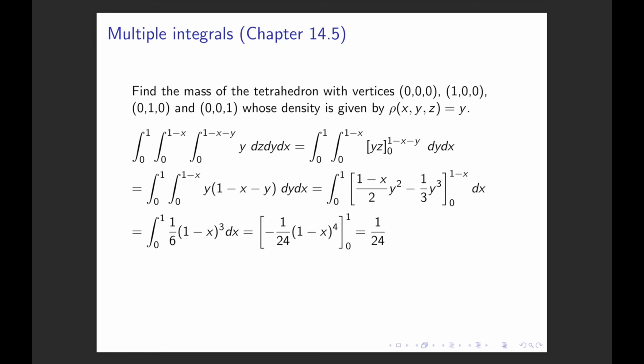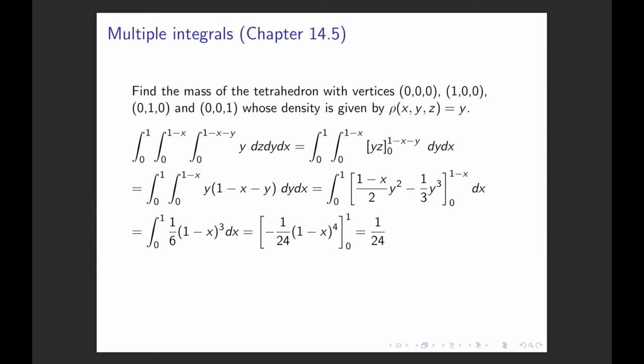The first one is z, so y is a constant in this case, and the antiderivative of y, if the variable is z, is yz. That's the first step. Plugging in the two boundaries of the red lines, which were 0 and 1 minus x minus y, we get the next integral. Now our variable for integration is y, so x is a constant. We got rid of all the z's, so now there really shouldn't be anything dependent on z any longer.